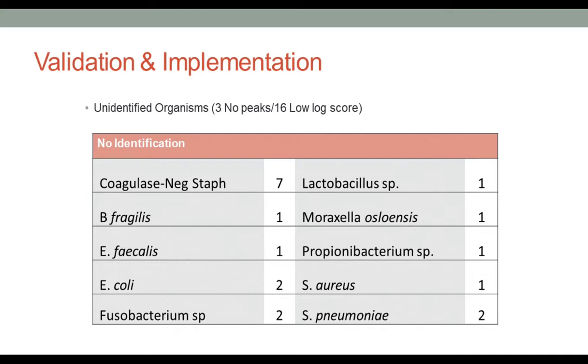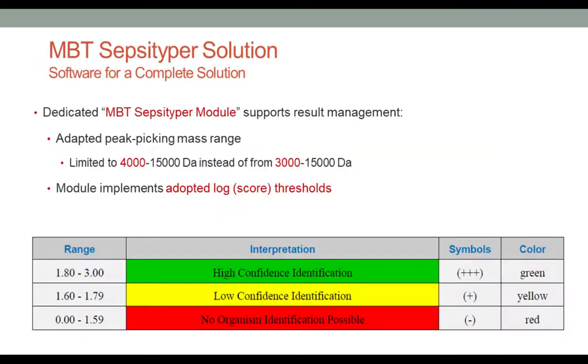What is the lowest acceptable score you use as an acceptable ID? Well, if you look at the slide that gives you the scores, 1.79 is what we've considered a low positive result. 1.6 is the lowest positive score that we would use for an identification.